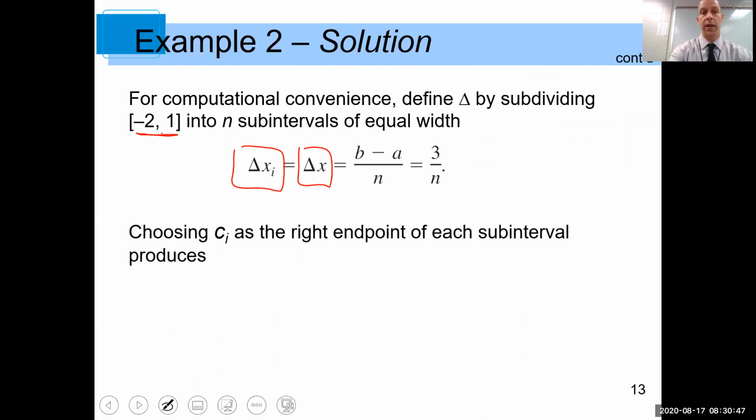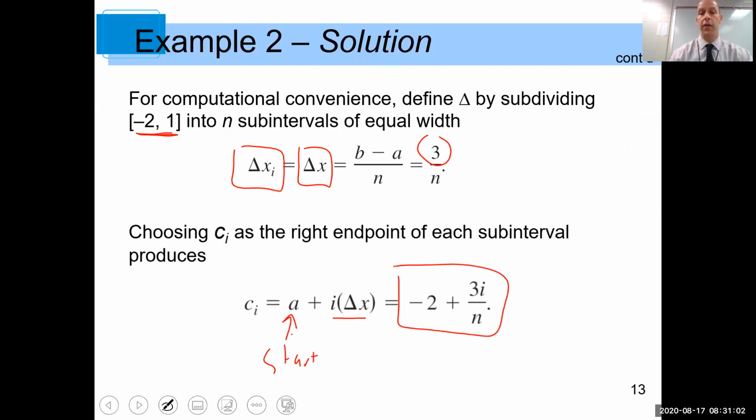The difference between those two is 3 over n. Now to find our c sub i, we start at our a value, and then add i times our delta x. In this case, we're starting at -2, so it's -2 plus 3i over n.